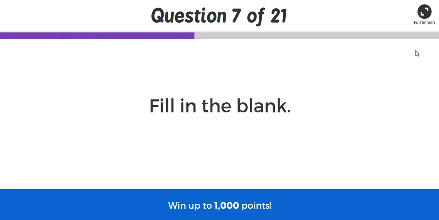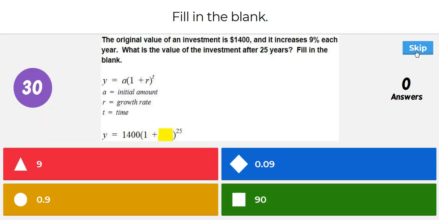Now we're looking at the same word problem here. For using this formula, you put in the 1,400, that original amount of the investment here, parentheses 1 plus, and it says 25 years, that's the time.